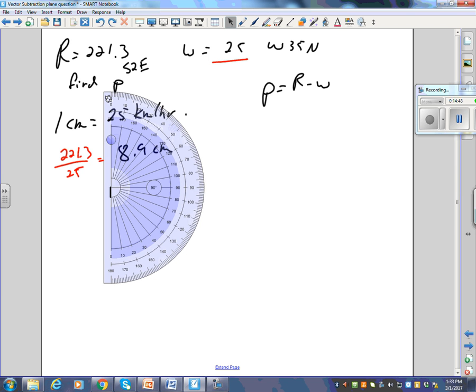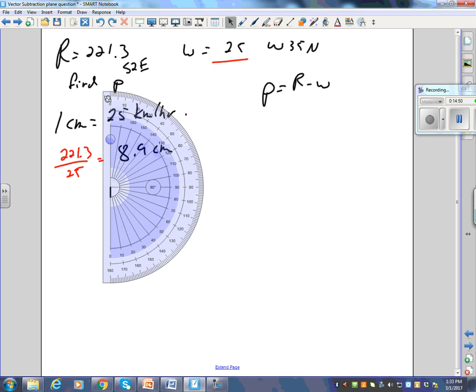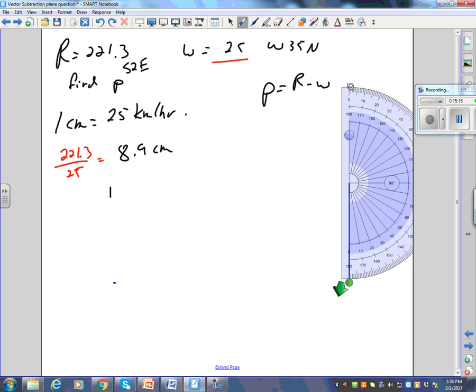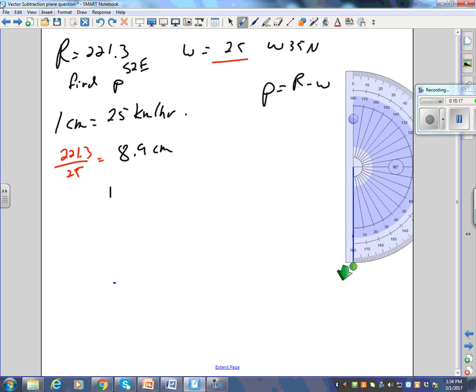I'm going to put it at the north end because I'm looking south, right? I'm looking at the north end of the line, I'm going south, and 2 degrees is like right there. Right? 2 degrees. South to east. South, 2 degrees east. Okay, and I got to go 8.9 centimeters. So now I need a ruler.